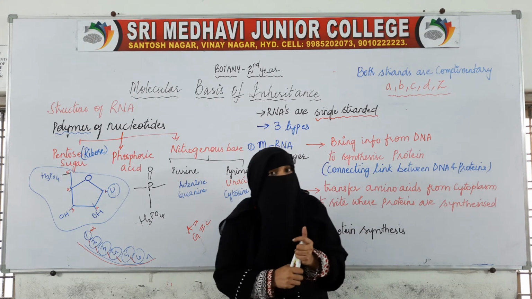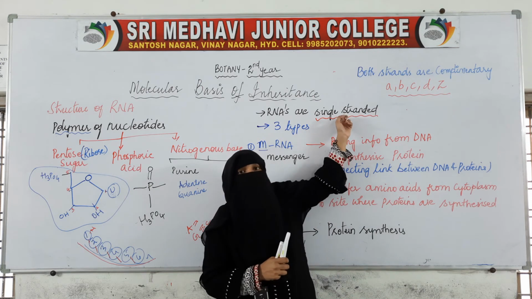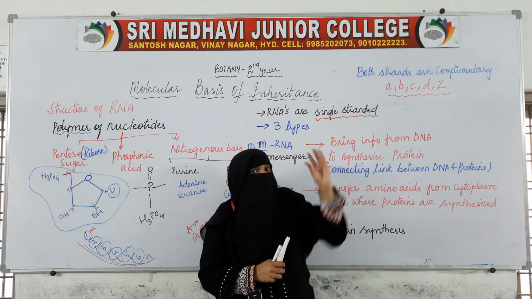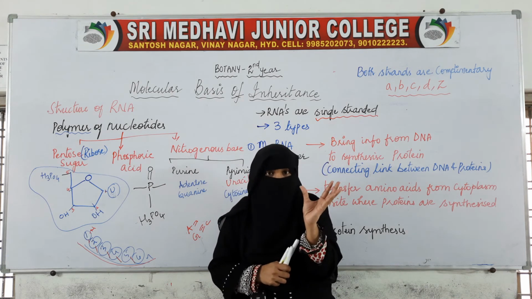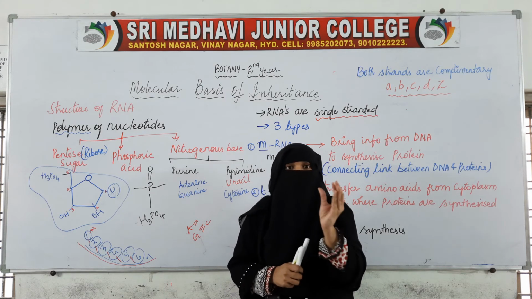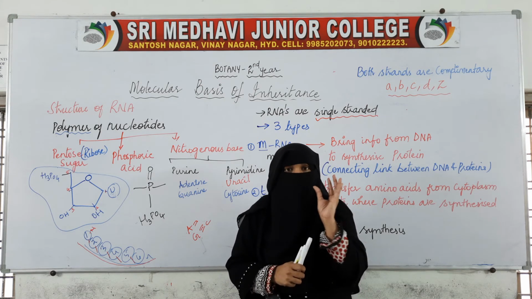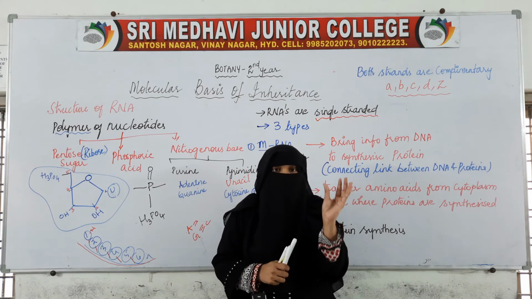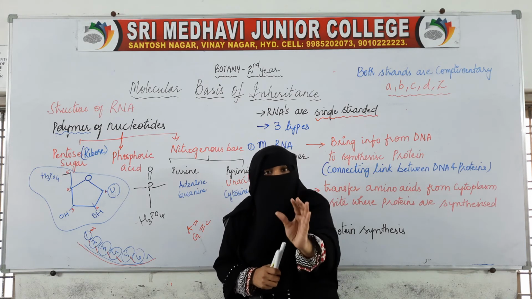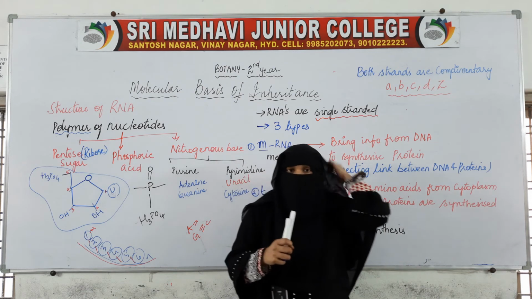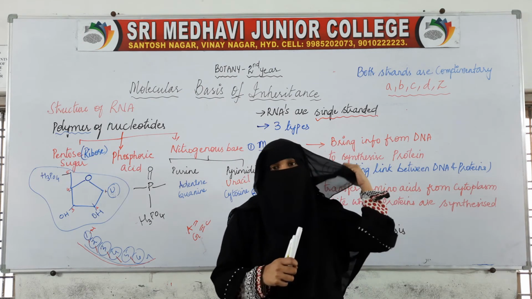So who will synthesize protein? This RNA will synthesize protein. How? DNA is the genetic material. It gives the information about what protein has to be made. DNA will give the information and RNA will take that information from the DNA and convert it into a protein. For example, for carrying out respiration, a protein is required.